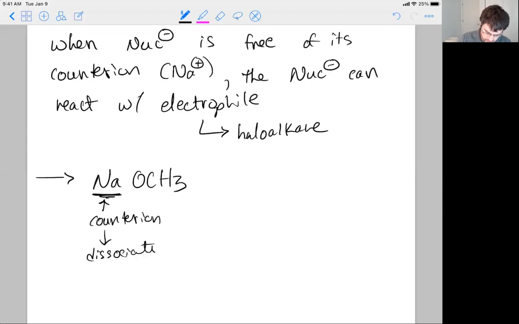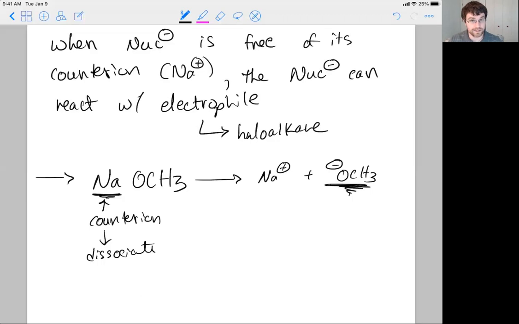So I'm kind of rewriting the chemical reaction that I wrote on the back page, so OCH3. So now we have our free anion to do the SN2 reaction. I haven't shown the SN2 reaction. I've just shown dissociation in the event that solvent is present.